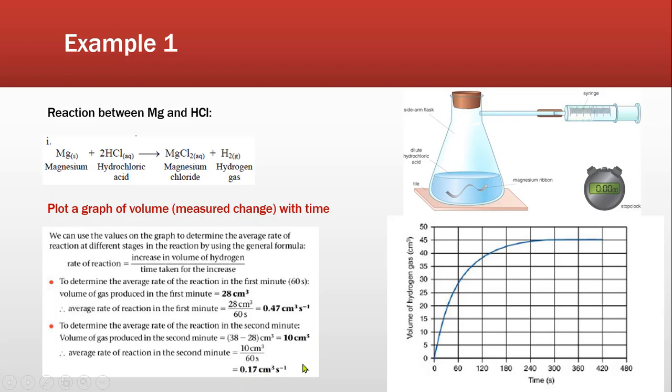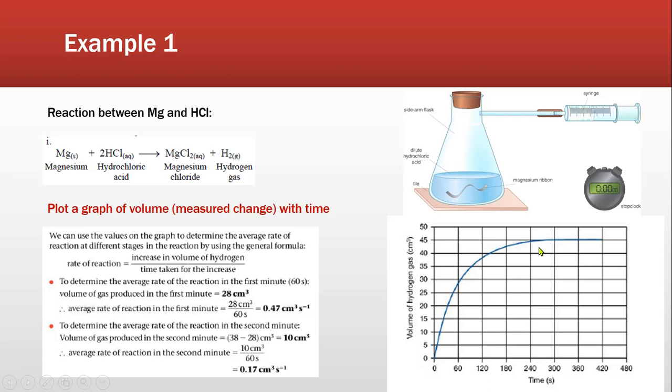Now, if you look at the difference, you can see that this rate is faster than this rate. What that says is that at the very beginning of the experiment, the rate is faster, and then it slows down until eventually it stops.